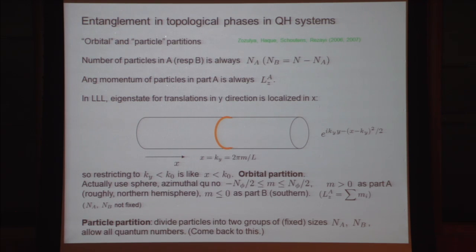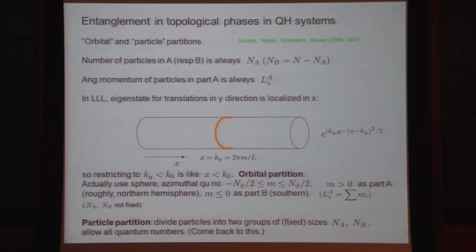So that's orbital partition. To do the case of the sphere, I basically just cap off the cylinder at the ends to make a sphere. I can take it to be a precise sphere and not an elongated one. In this case, quantization on the sphere gives very much the same thing, except that m takes values between minus N_phi over 2 and plus N_phi over 2.